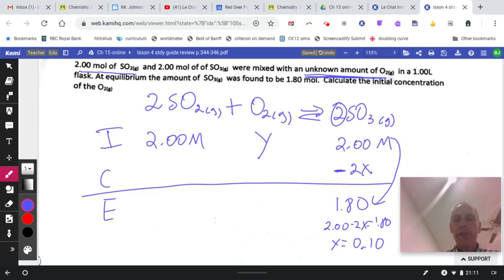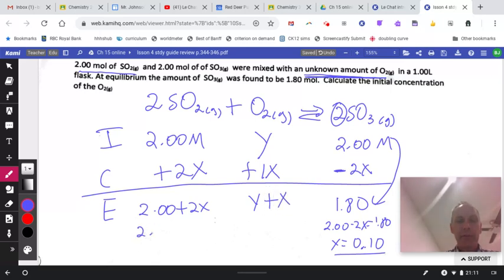Okay. What have we got going on here? For losing product, we are gaining 1 reactant there and gaining 2 reactants there. So at equilibrium, we have 2 plus 2x and y plus x. And we already know x is 0.1. So this becomes 2.20, and this becomes y plus 0.10.